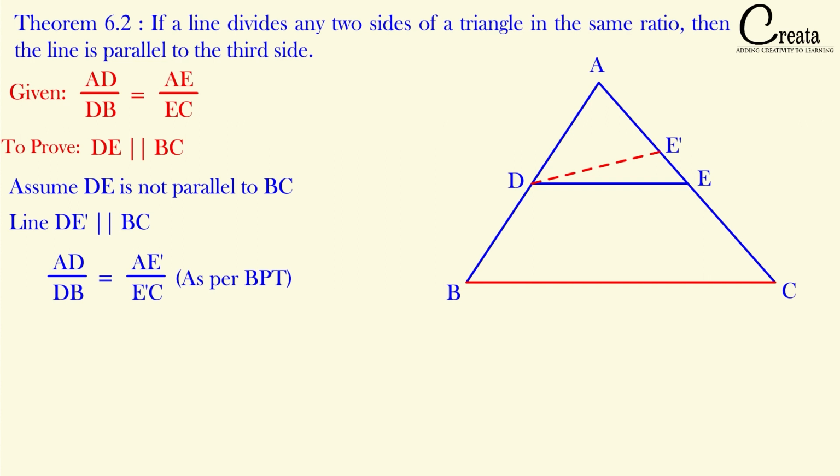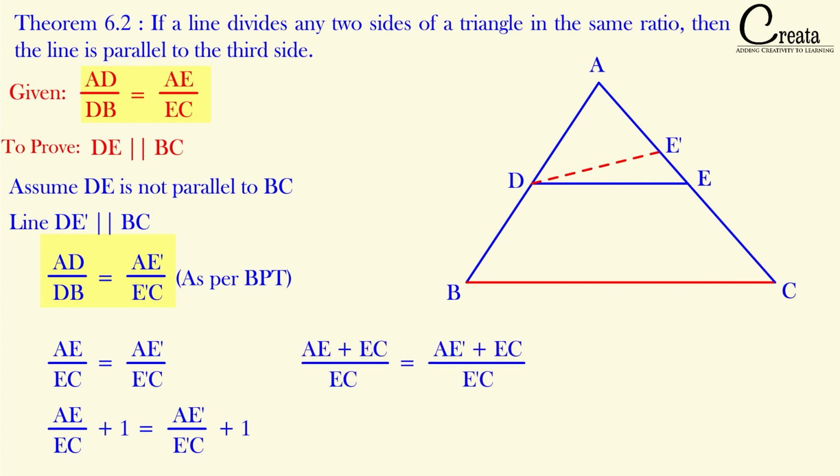We have simply applied the BPT theorem. DE dash is parallel to BC, so we can say the ratio of the sides will be equal to each other. Let's equate both of these equations. We got AE upon EC is equal to AE dash upon E dash C. Let's add 1 to the left hand side and the right hand side, that is on both sides of the equation.